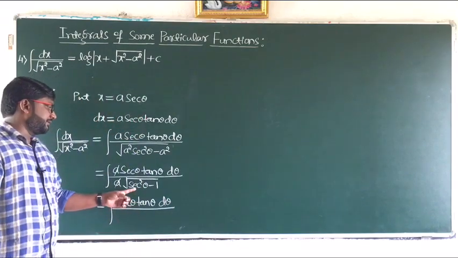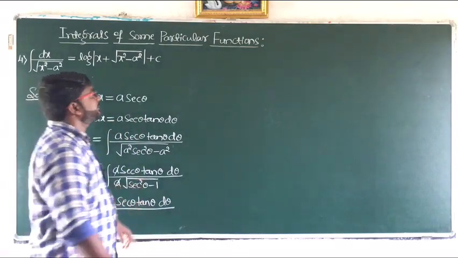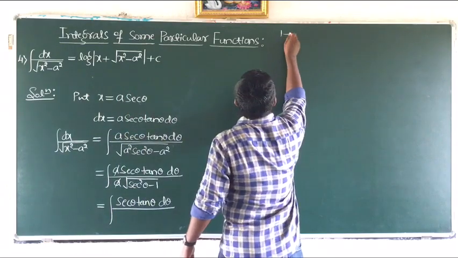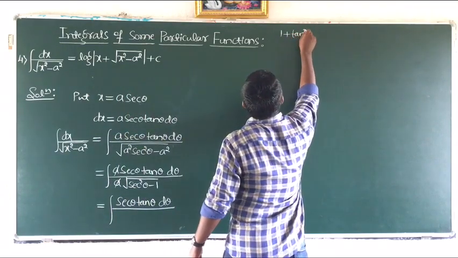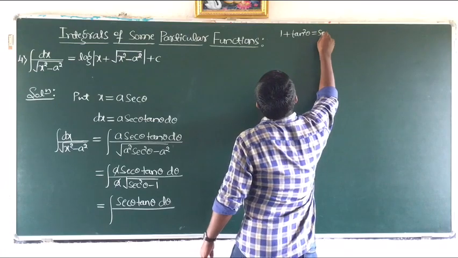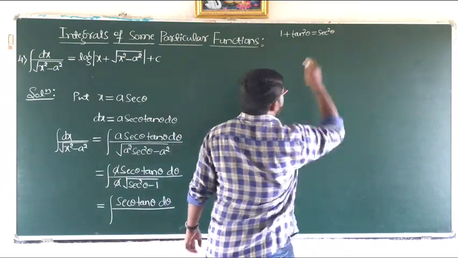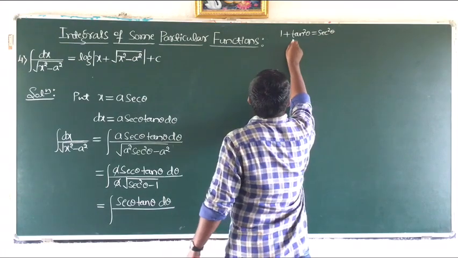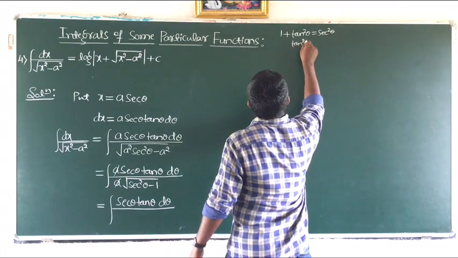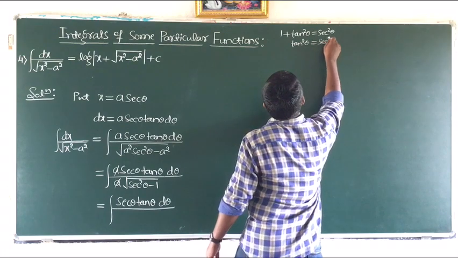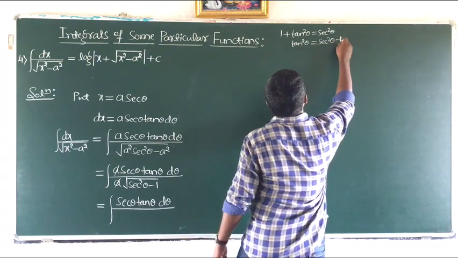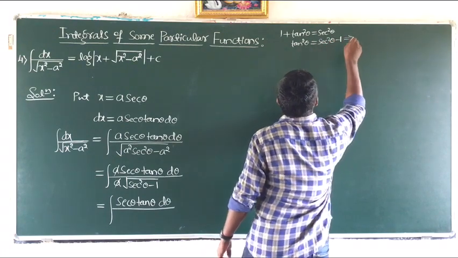So now see here, secant square theta minus 1. Again the standard result: 1 plus tan square theta equals secant square theta. So now take this 1 to the RHS, it becomes minus 1. So here tan square theta equals secant square theta minus 1. What about tan theta now?